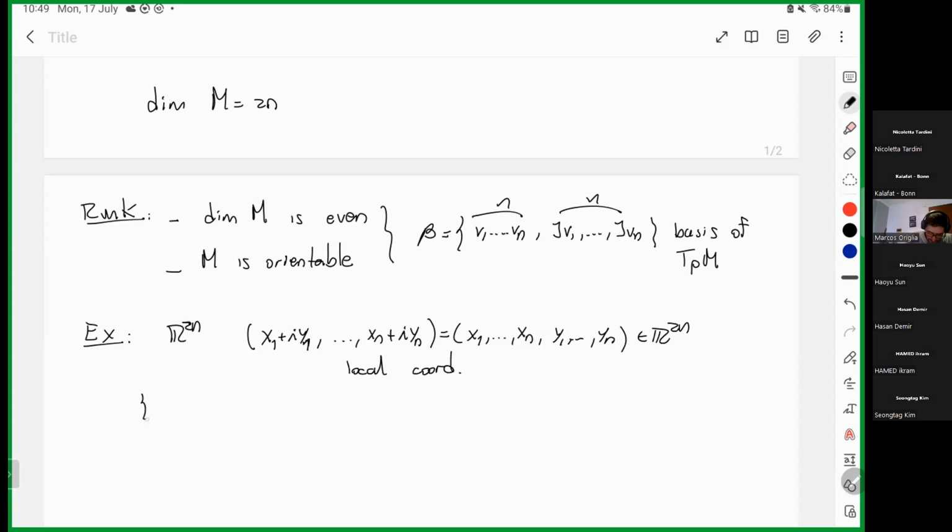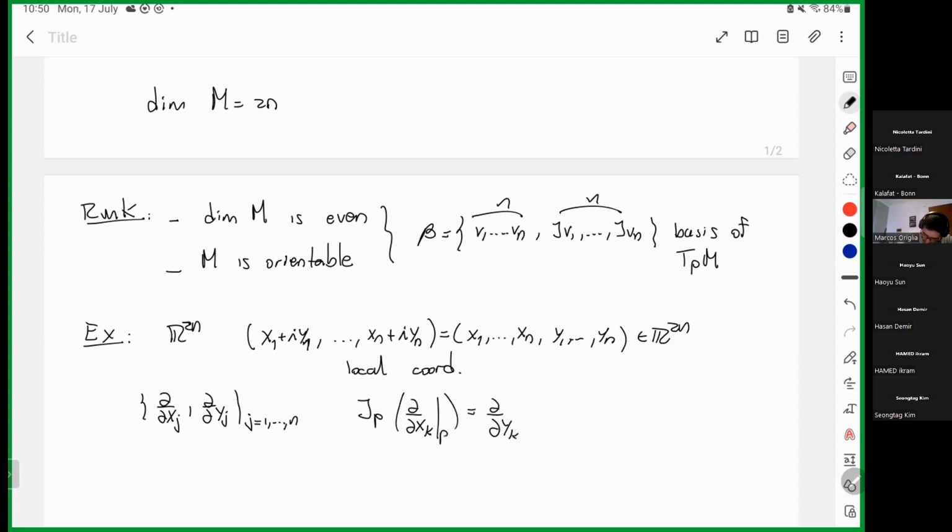So we need to define a basis of our tangent space, but the basis is the usual one you expect. So k is going from 1 to n, and how do you define J? Well, you just send the ∂x_k to the ∂y_k.